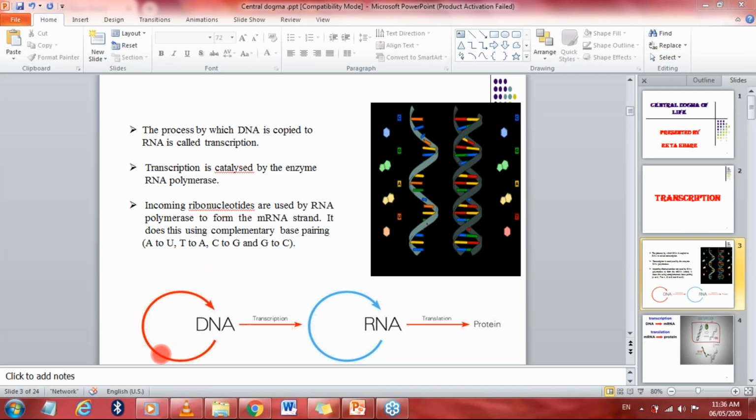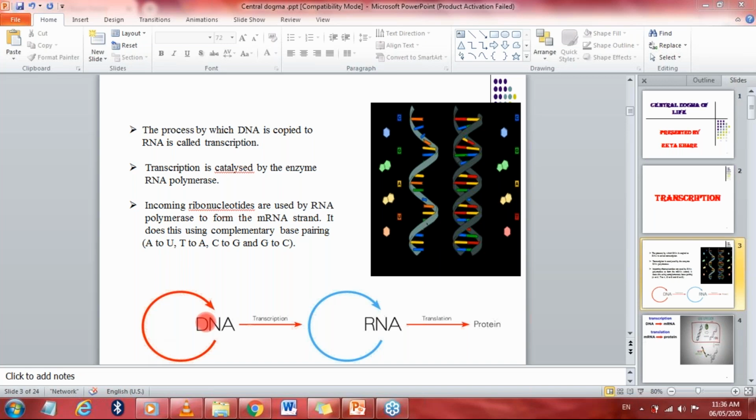Just remember I told you about the Watson and Crick model, right? Similarly, this central dogma of life was also proposed by Francis Crick.